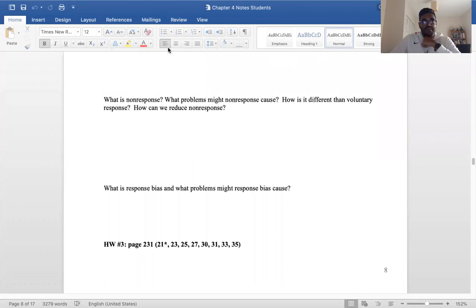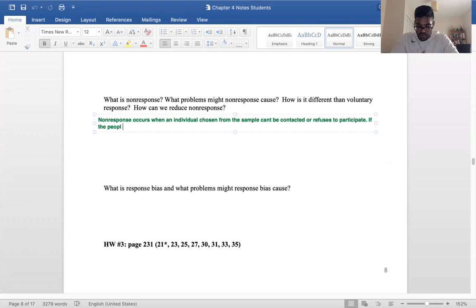What is non-response? Non-response occurs when an individual chosen from the sample can't be contacted or refuses to participate.